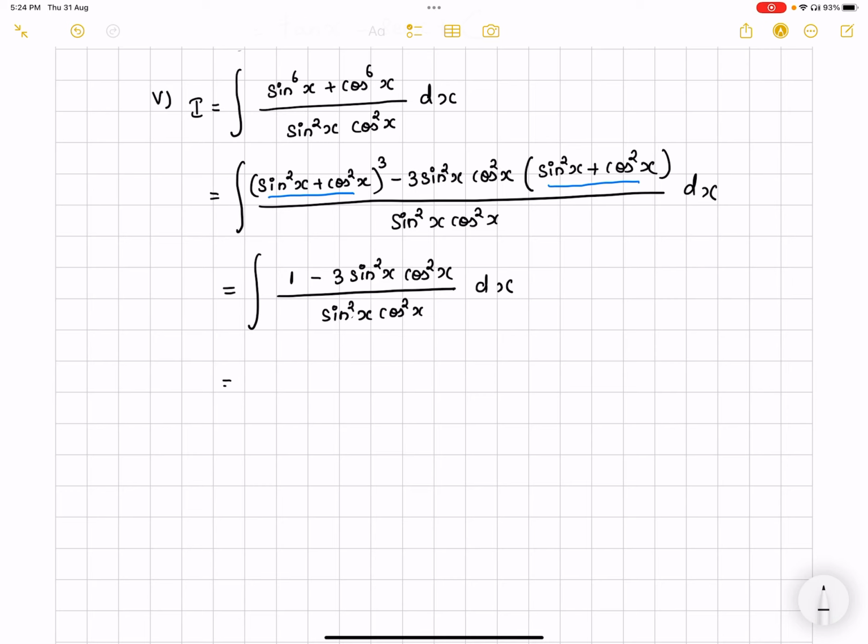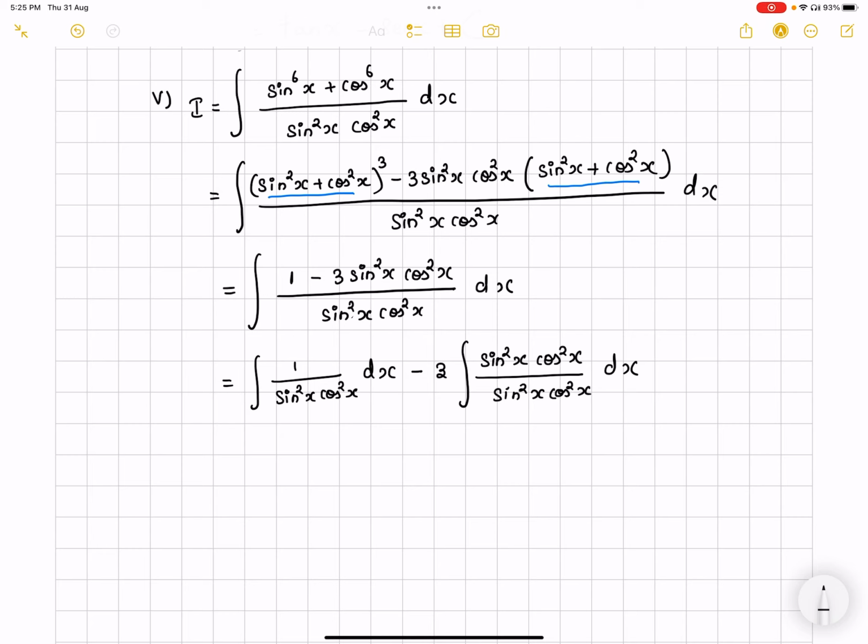So now here it is going to be integral 1 divided by sine square x cos square x dx minus 3 divided by sine square x cos square x and then sine square x cos square x dx.